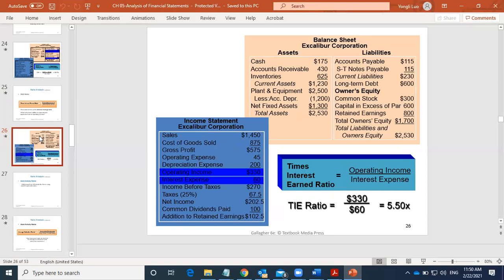The bank checks whether you have enough income to pay your interest. That's what they're looking at. If your income couldn't even pay off your interest, how could I lend money to you? Okay, that's all for today.